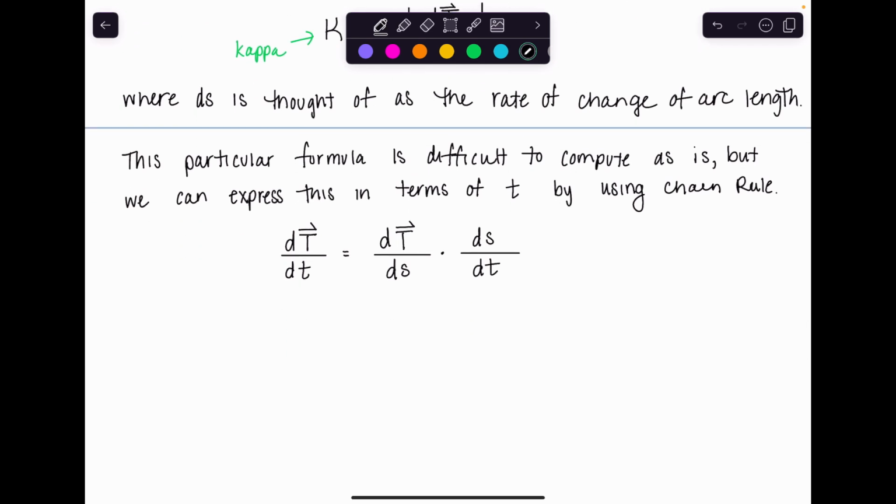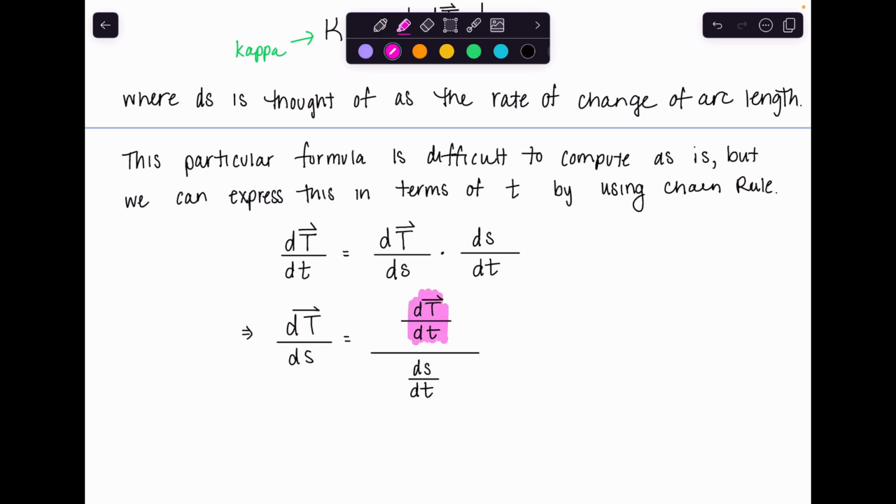So I can really rearrange this to get this thing that's hard to compute. The derivative of our unit tangent vector with respect to the arc length is really just the derivative of the unit tangent vector with respect to t over the derivative of the arc length with respect to t.